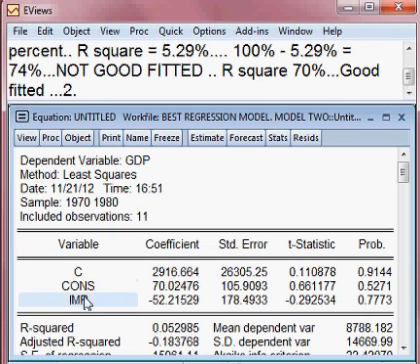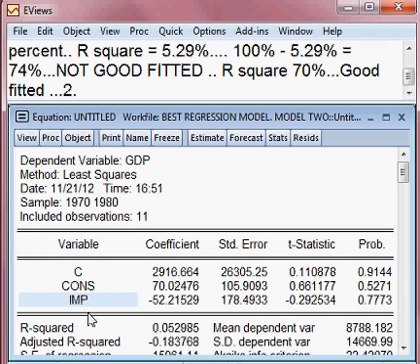Out of these two, at least one should be significant. Suppose there are 10 variables, at least 5 should be significant. Suppose there are 4 variables, at least 2 should be significant. And here at least 1 should be significant.